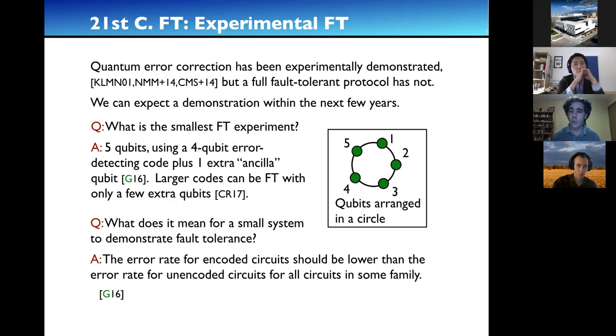And so we can hope that fault tolerance can actually improve those error rates to give us logical qubits that are much more reliable than the physical qubits and the physical gates that we're using. So there have been some preliminary demonstrations of fault-tolerant circuits, but they didn't really demonstrate a convincing improvement in the error rate. So in my mind, the question of a fault-tolerant experiment is yet to be really done in a way that's fully convincing.